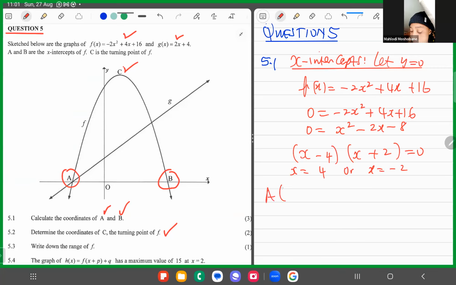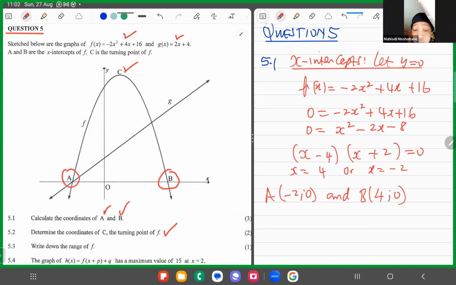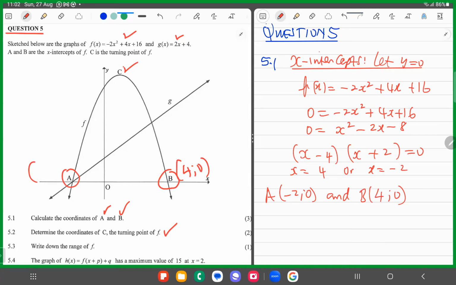At this point, you have that x is minus 2 and 0, and you have that x is 4 and 0. These are the coordinates of A and B. B is on the positive side, so B will have the coordinates 4 and 0. And A is on the negative side. It will therefore have those coordinates there.